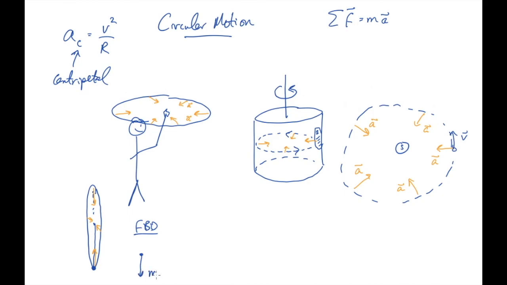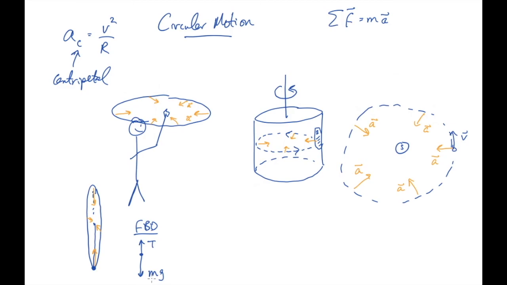The rock has mass, so it has a weight going down, and there's a string tied to it, so there's a tension pulling up on the rock. If I added those two forces together, that net force would give me an acceleration toward the center of the circle, so that T minus mg would be the centripetal force in this case.